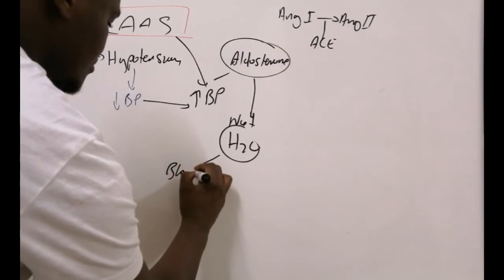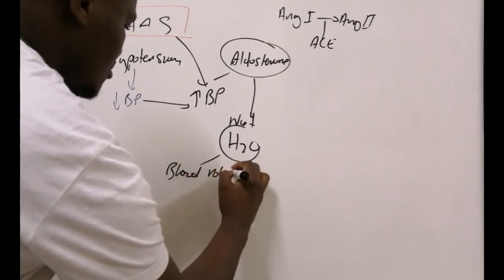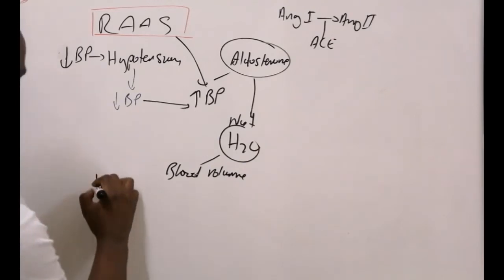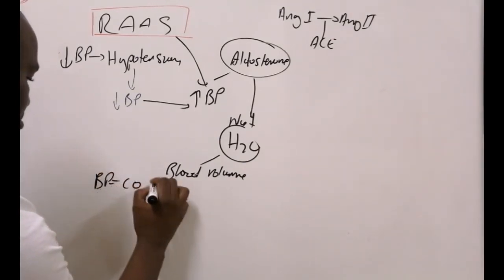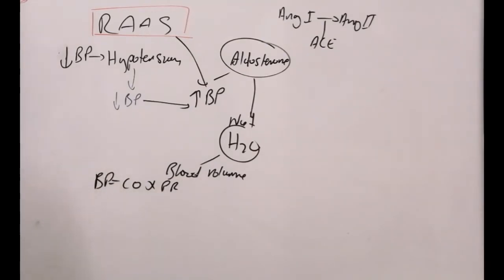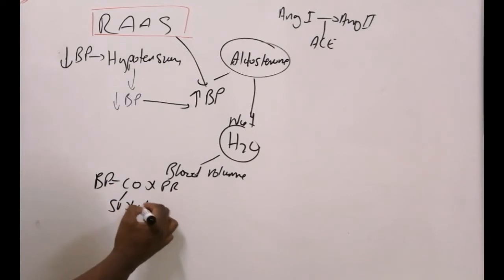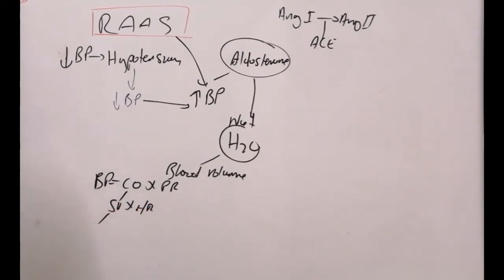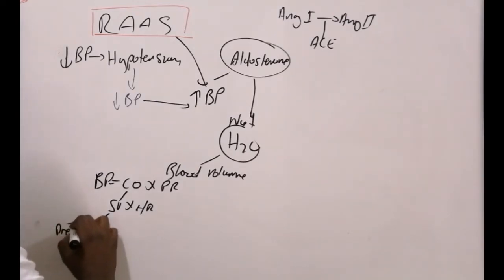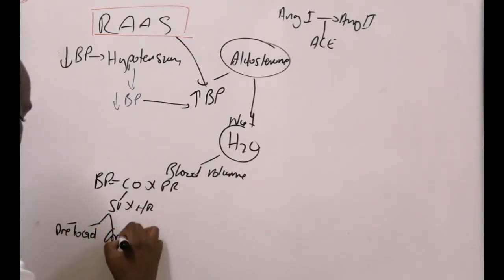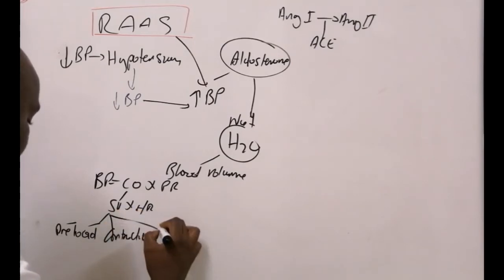And we know that BP equals cardiac output multiplied by peripheral resistance, and cardiac output is stroke volume multiplied by heart rate. The factors that contribute to stroke volume are preload, contractility, and afterload.